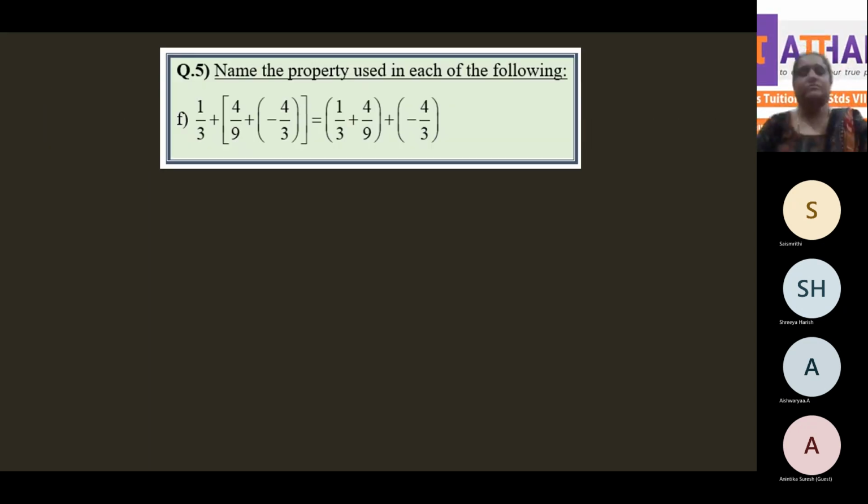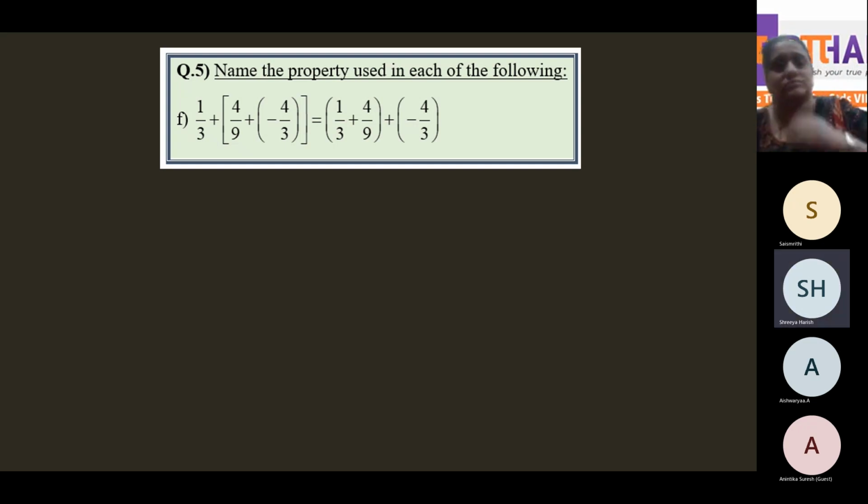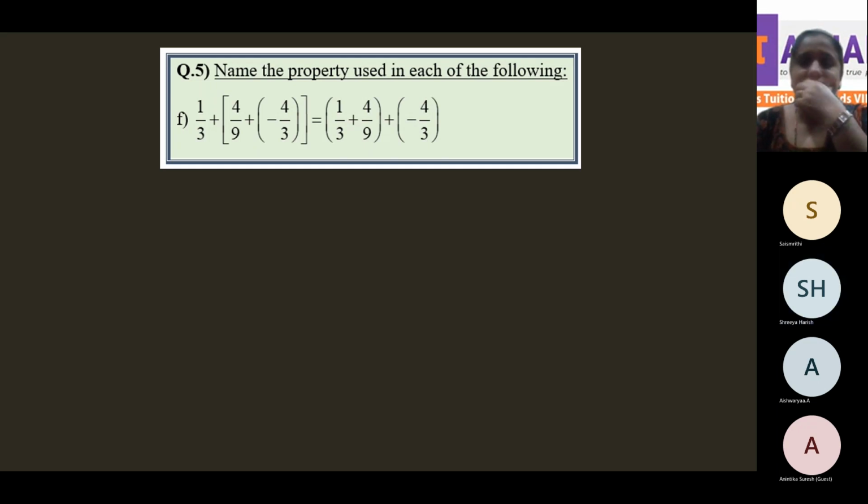Yeah. This one? Associativity of addition, ma'am. Associative property of addition or associativity of addition. Both are right. So associativity, because you can see three different rational numbers, 1 by 3, 4 by 9, minus 4 by 3. But the brackets are used in different ways.